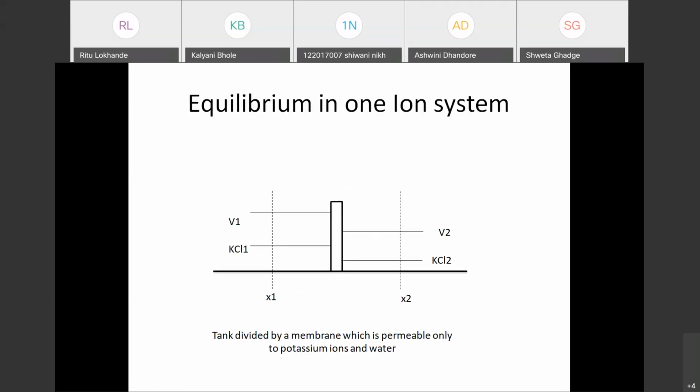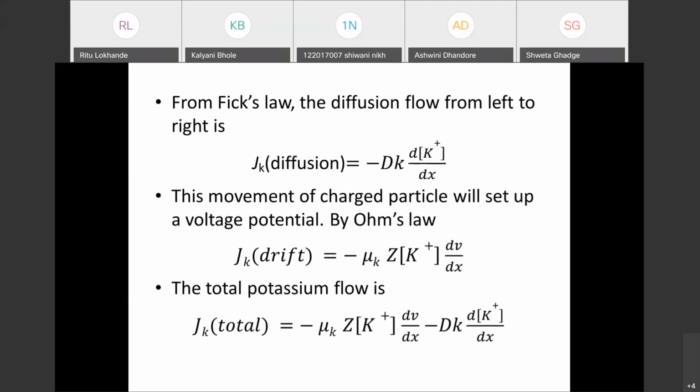Then in a further stage we learned equilibrium in a one-ion system, where for this example we consider that this membrane is permeable only to potassium ion and water, not to chlorine. For this, we derived the equation. We have used Fick's first law for drift and diffusion.